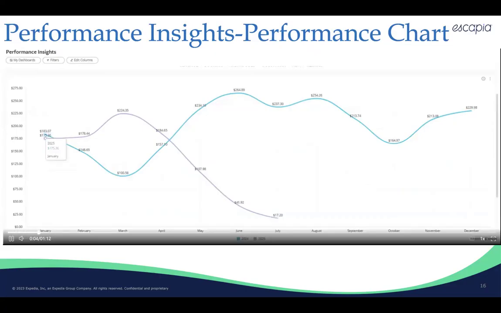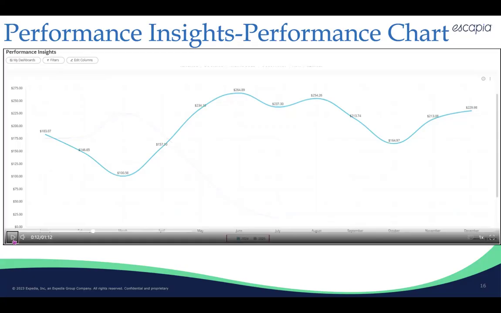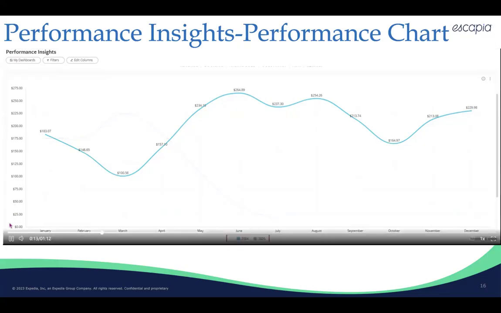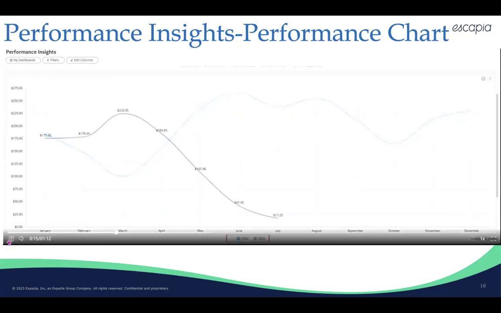You will notice that if you hover over any of the numbers in the performance chart, it'll give you just the data there really easy and quick. Now, at the bottom of the performance chart, you'll notice that you have years there. If you hover over any of the years, it'll update the lines that are available to show specifically only that year.